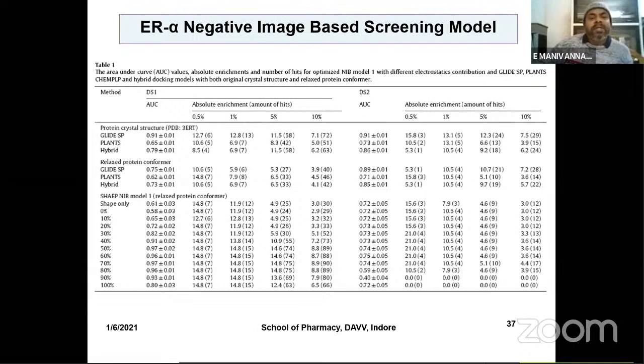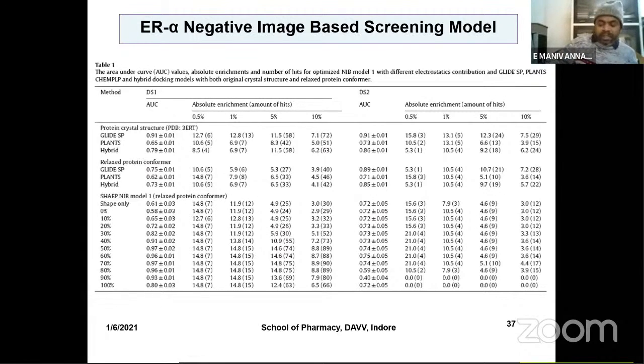So AUC, ROC AUC, that is the receiver operating characteristic curve, area under the curve. This is for Glide SP with the static protein conformation, and it is 0.91. For PLANTS, it shows 0.65. For hybridization, the AUC value is 0.79.